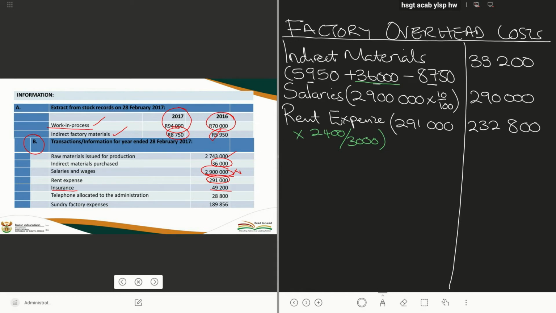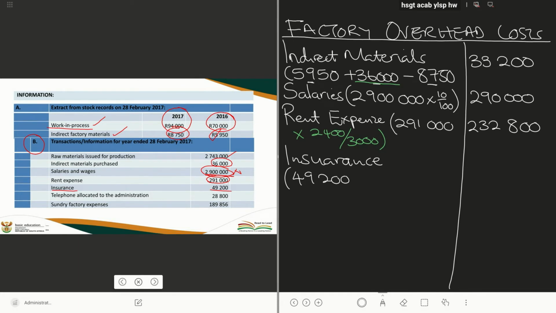Can insurance go into the production cost statement? Definitely not. Where does it go, boys and girls? It comes right into my factory overhead. So here I'm going to have my insurance, and I am going to open a bracket again. And how much is it? It's 49,200.